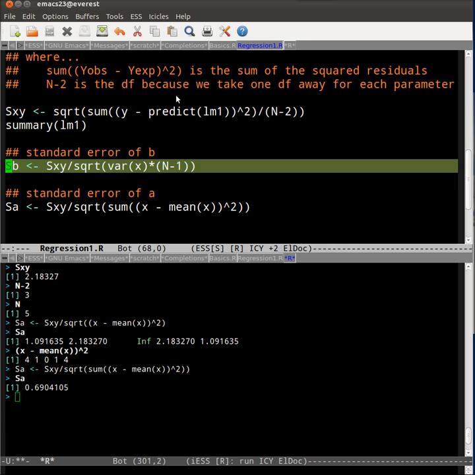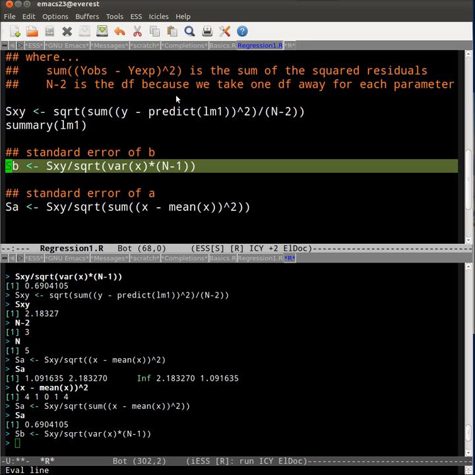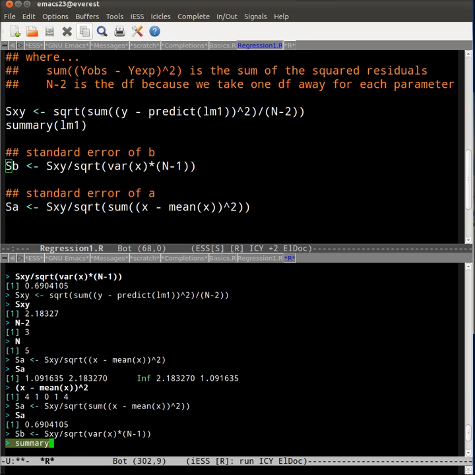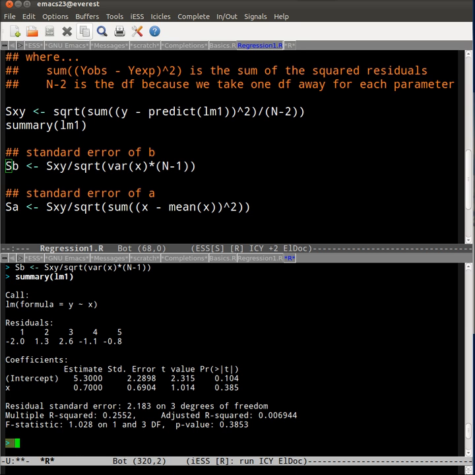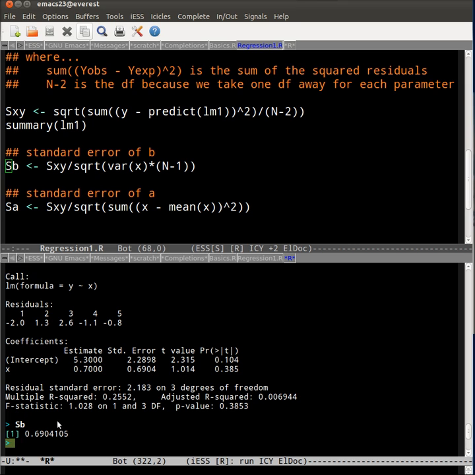So you can see that when I calculate this, and then I show you the summary of our LM1, if you look at the bottom here, you'll see that now I'm going to do SB, and you can see that SB is 0.6904 and then change, right? So here's our B, and there's the standard error of B. So what is that telling us?